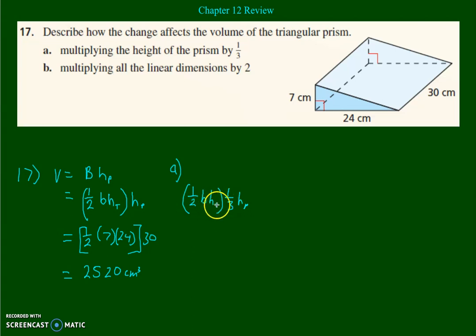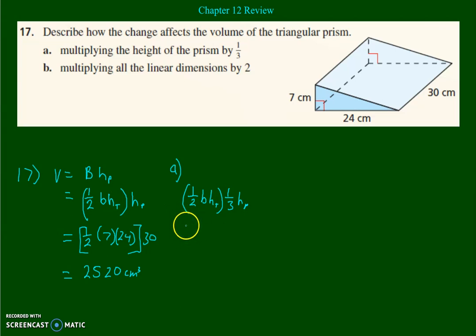Well, the only difference between this expression and this one is that this one's being multiplied by 1/3. So we would expect that this new volume is going to be 1/3 the volume of this.